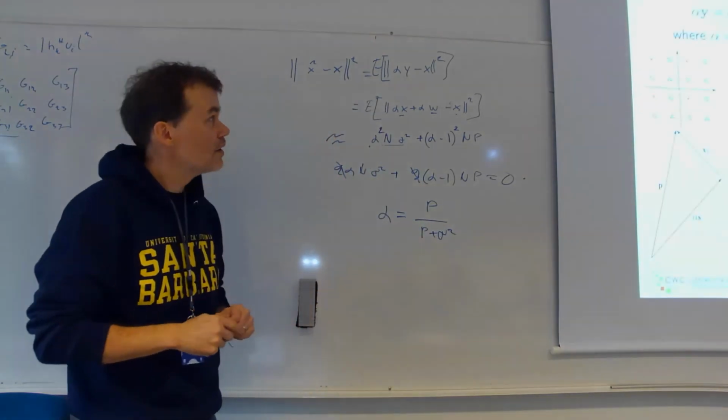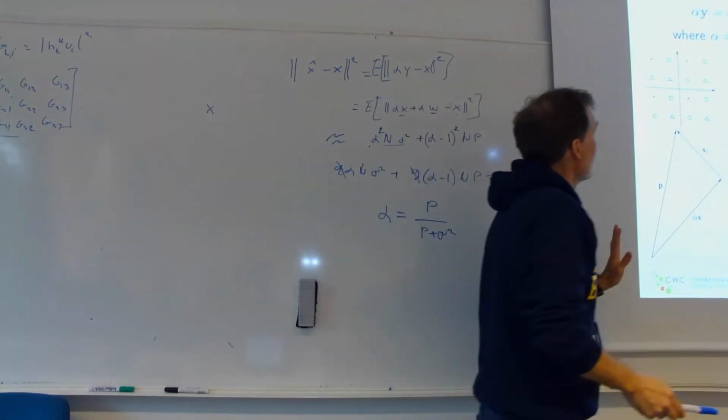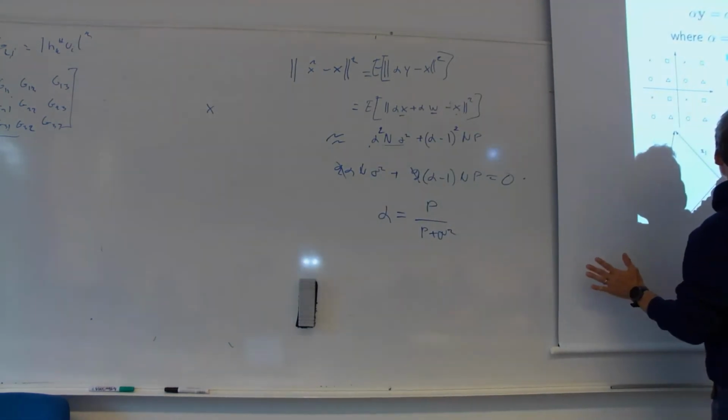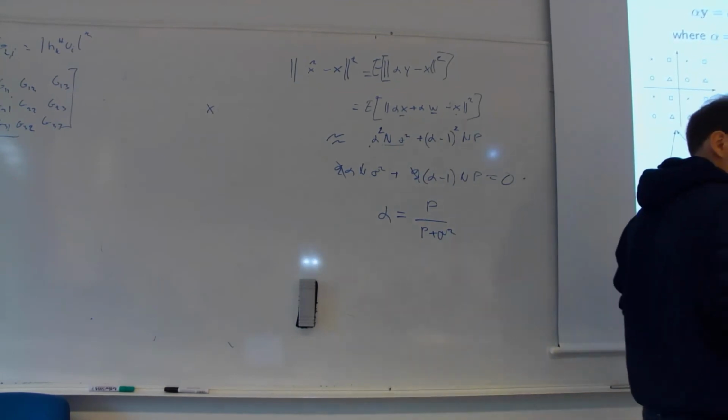This is your optimal scheme, right? And you can see that when P becomes large, SNR becomes large, or the noise becomes small, alpha becomes 1. Okay.